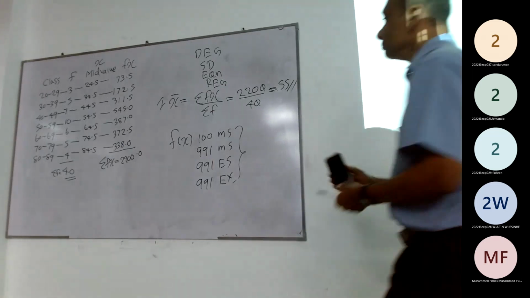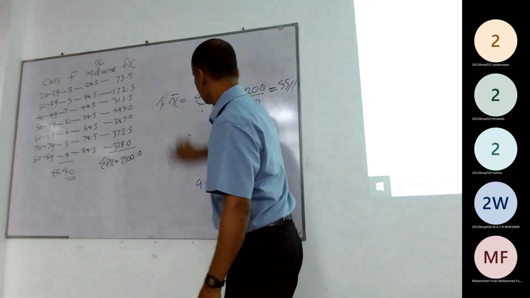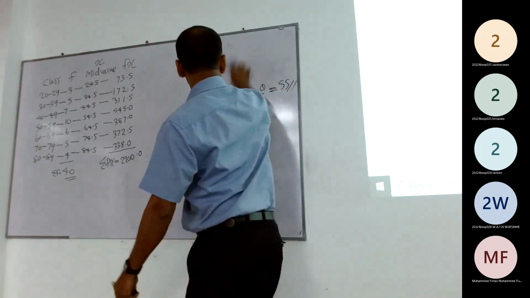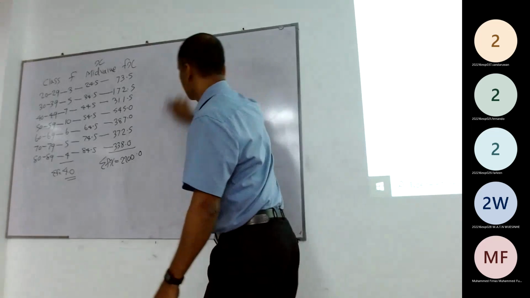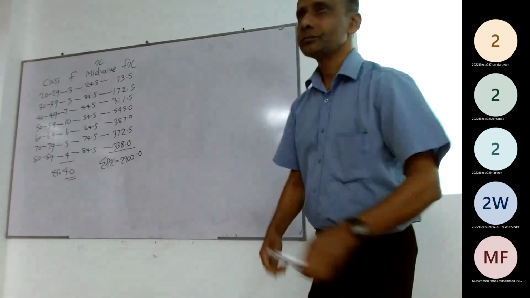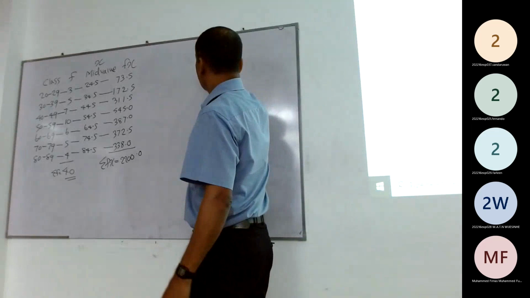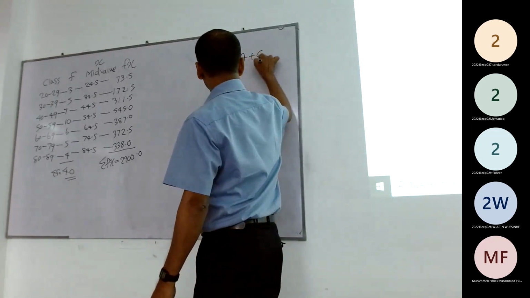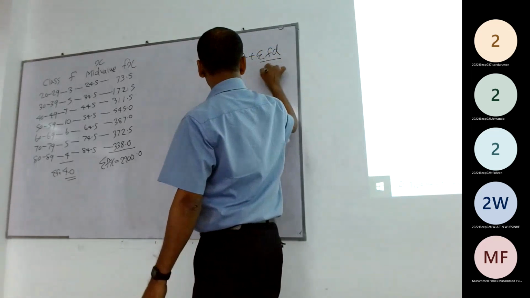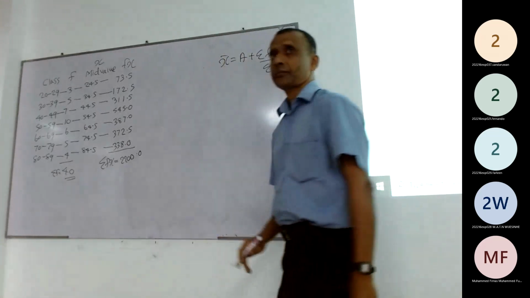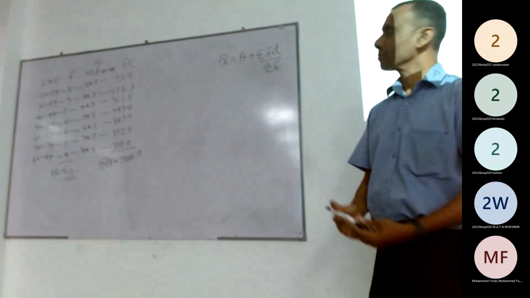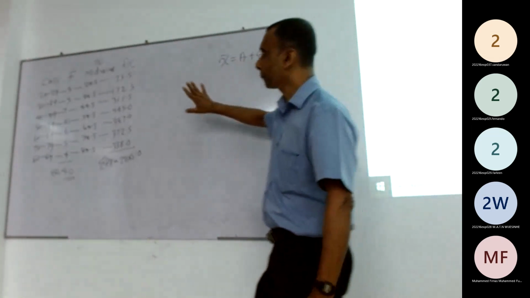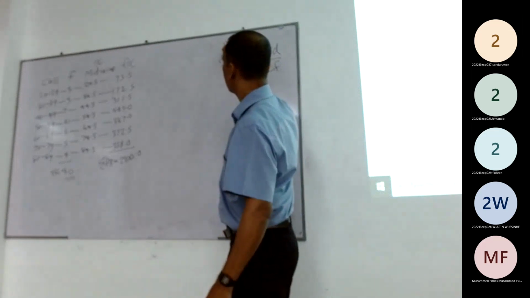The second formula: x bar equals A plus sigma fD over sigma f. This is the second formula, called the assumed mean method.